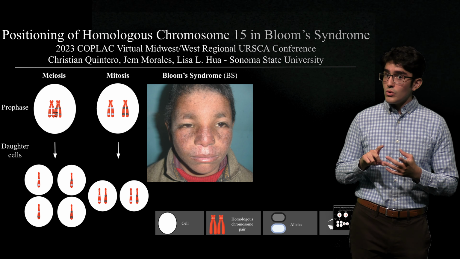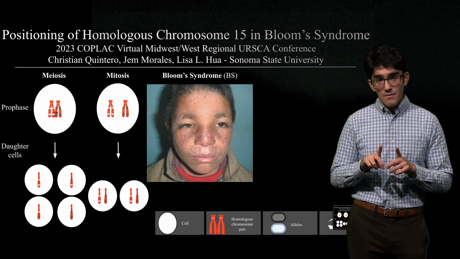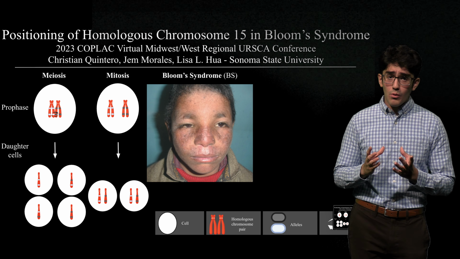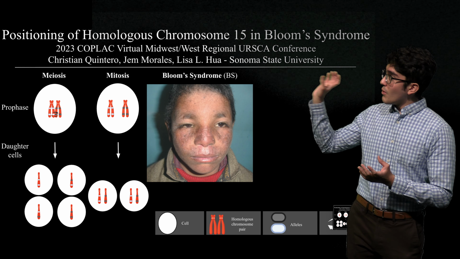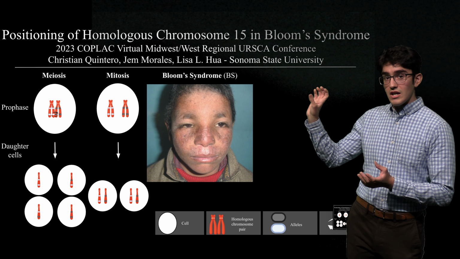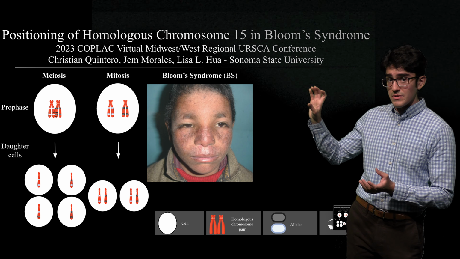However, it is unknown whether chromosome 15 actually does pair. And once again, mitotic recombination is abnormal because in mitosis, as a reminder, the homologous chromosomes should not go through recombination. It should be spatially separated to create genetically identical daughter cells.